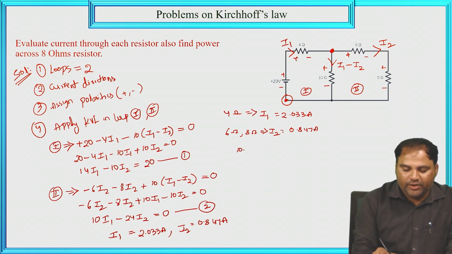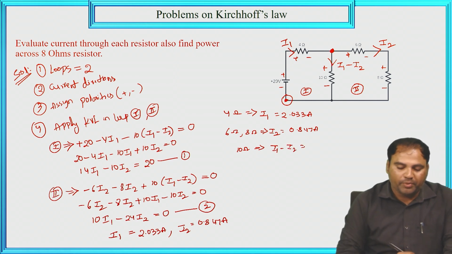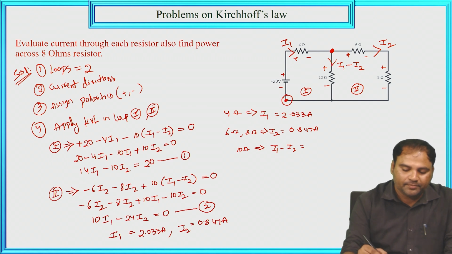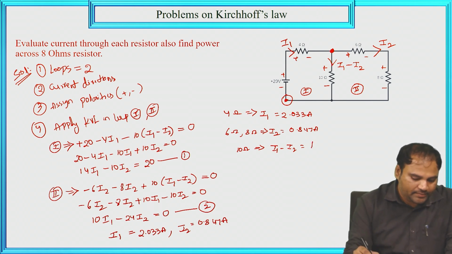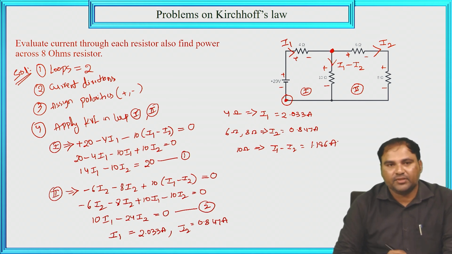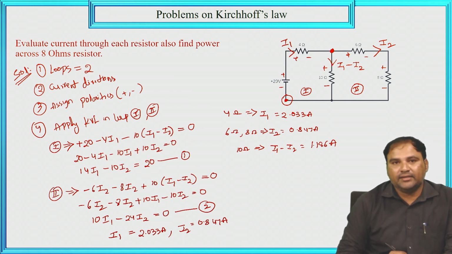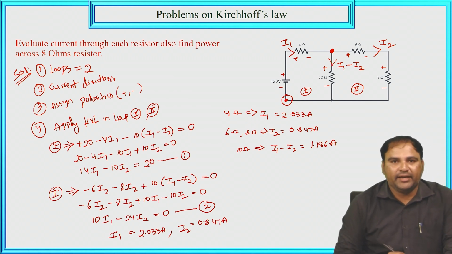Similarly at 10 ohm, the current is I1 minus I2, so 2.033 minus 0.847 gives 1.186 amperes.